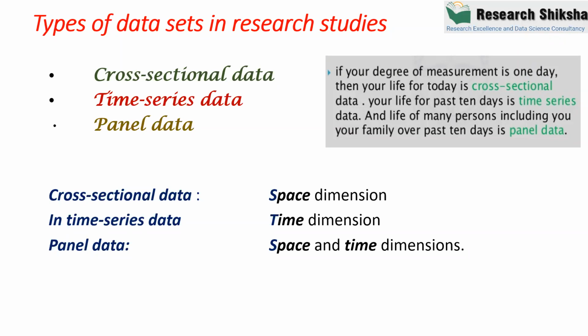This data is called cross-sectional data, and the dimension is known as space dimension. It means we only collect the data from the different units, or in panel context, we call them cross-sectional units.